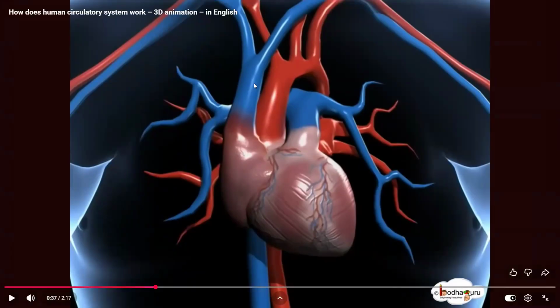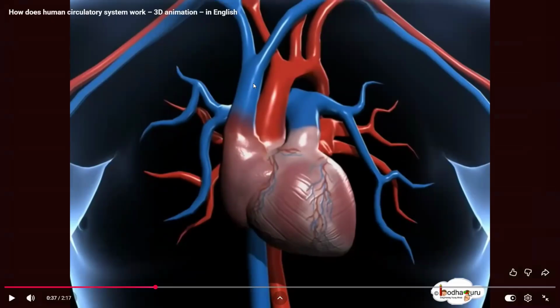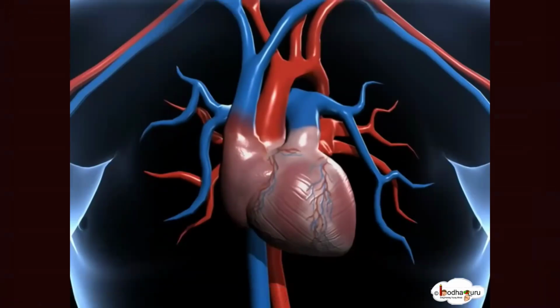In the animations and drawings we show blue color, but actually we can't see such blue or red vessels in our body. Normally deoxygenated blood has a slightly dark color, though it will not be much noticeable to our eyes.